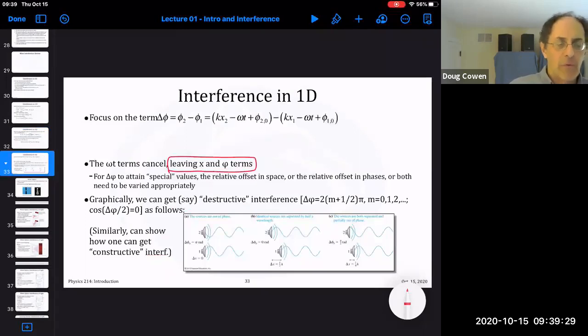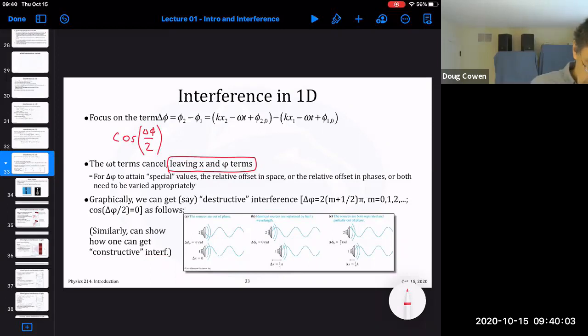So in order for delta phi to attain special values, remember we're looking at a cosine of delta phi over 2. What are the special values of cosine? Special is a subjective term, of course.